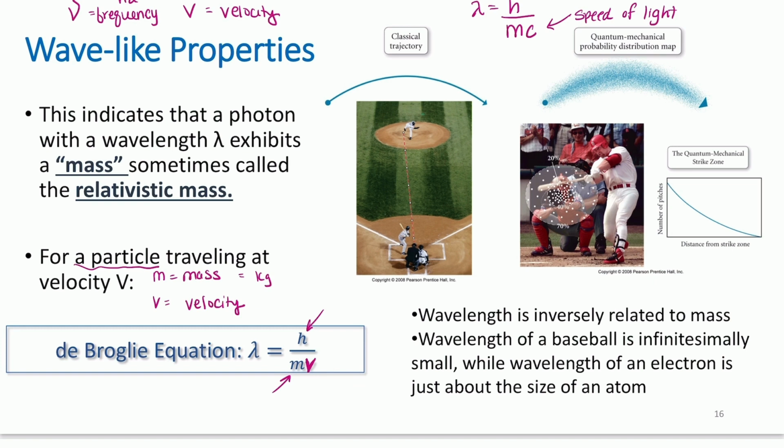We find from all of this that wavelength is inversely related to mass. And so basically the wavelength of a baseball is infinitesimally small, while the wavelength of an electron is just about the size of an atom. So we see classical trajectory, and I can't draw it well on the lines themselves.